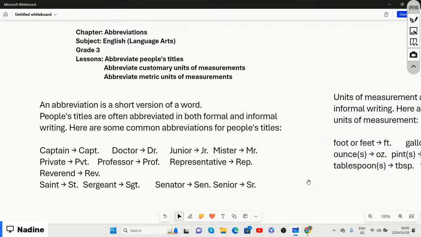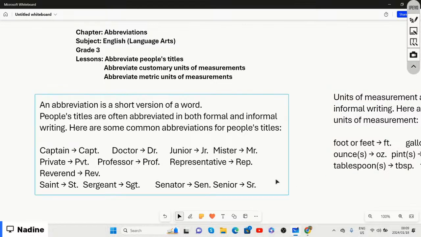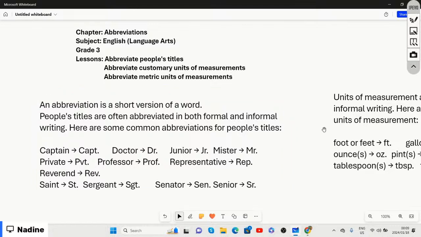All right. So now today we are continuing with abbreviations, and we are abbreviating people's titles. And when we abbreviate people's titles, right, firstly, we also say that an abbreviation is a short version of a specific word.